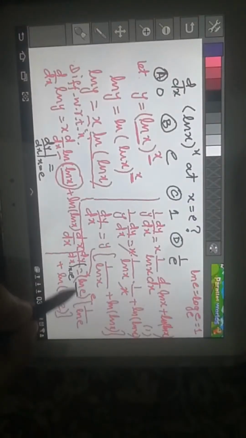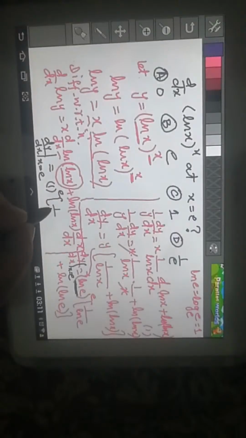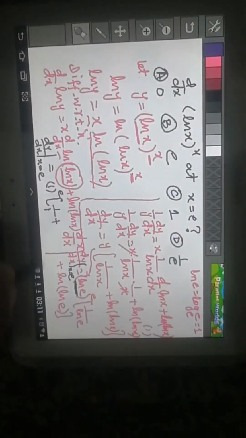Natural log of e is 1. Look, it is 1 power e. Natural log of e is 1 plus natural log of e is 1. So natural log, this will be 1, right? It will be 1, and natural log of this one will be 0.